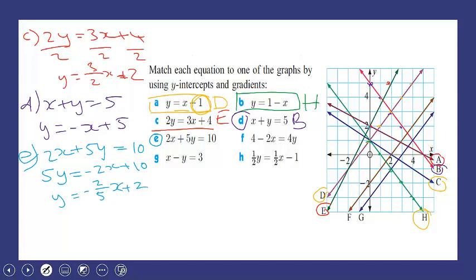So again, we're going through plus 2, and our gradient is going to be minus 2 over 5. So it's 2 down, 5 to the right. 1, 2, 1, 2, 3, 4, 5. That's there. So the answer is going to be A, the maroon line.